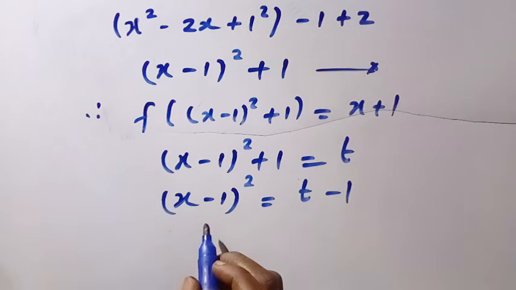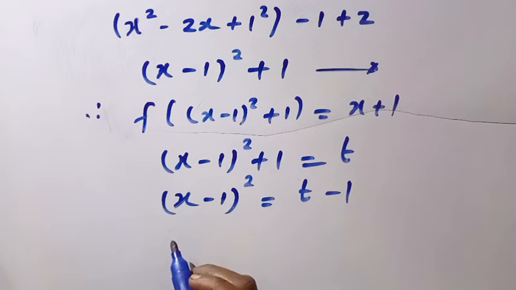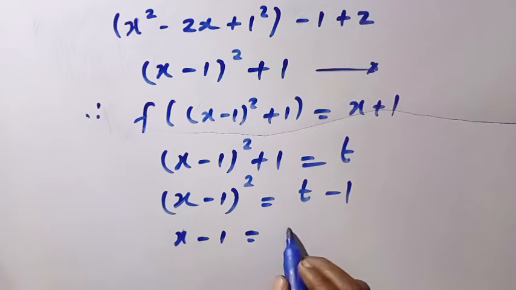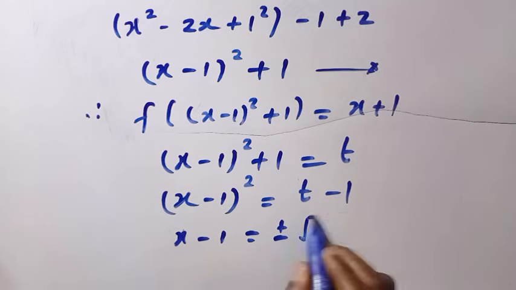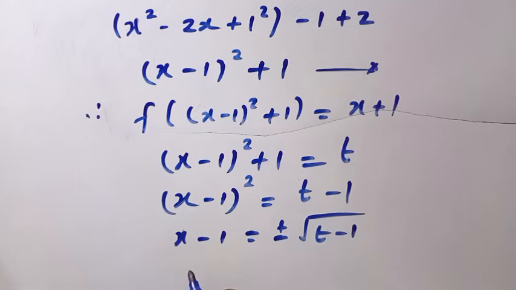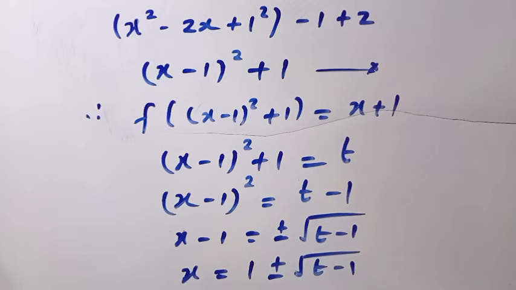And next, let's take the square root of both sides because of this square. So we have x minus 1 equals plus or minus the square root of t minus 1. And we need x. So we transfer minus 1 to the other side, as we have x equals 1 plus or minus the square root of t minus 1. So this is what we get for making x the subject of the formula.